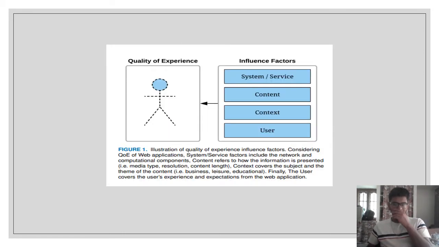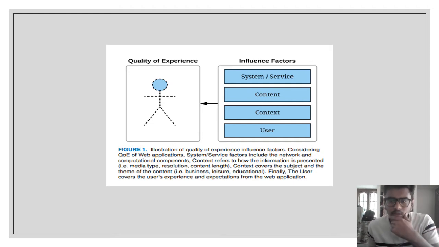So this is figure one. It illustrates the quality of experience influence factors. So, considering the QoE of web application systems and services, factors include the network and the computational components.